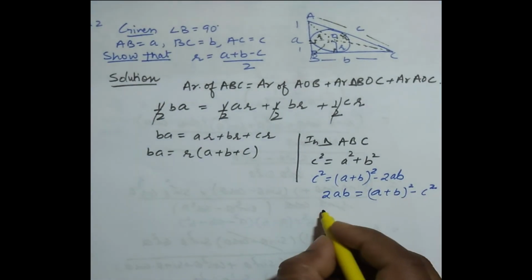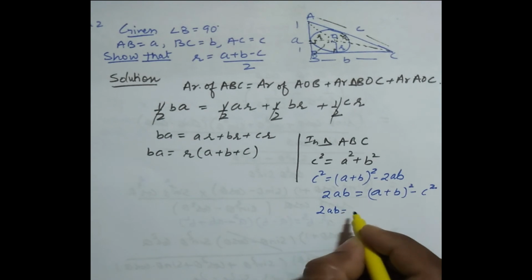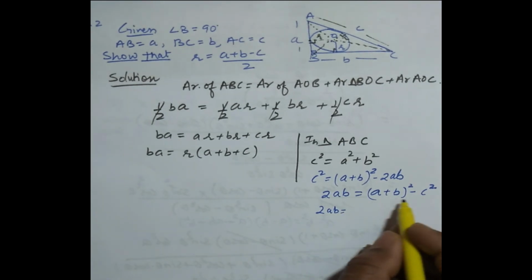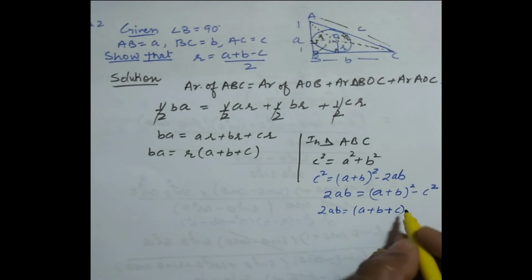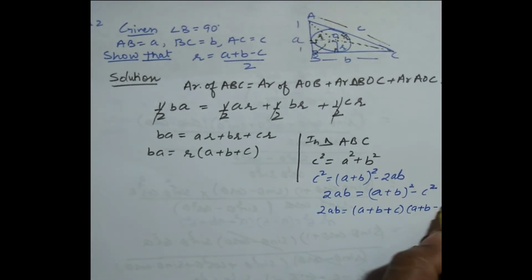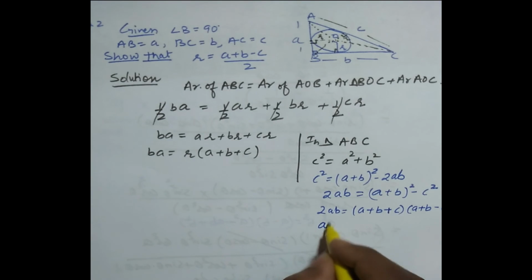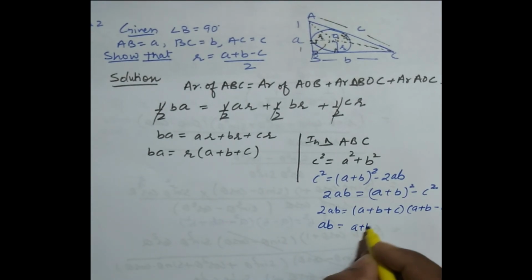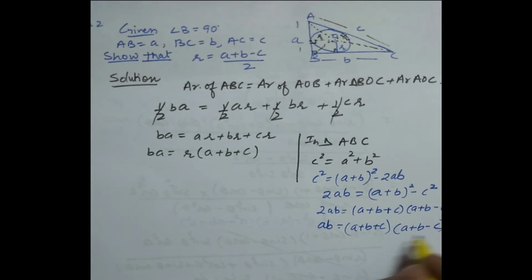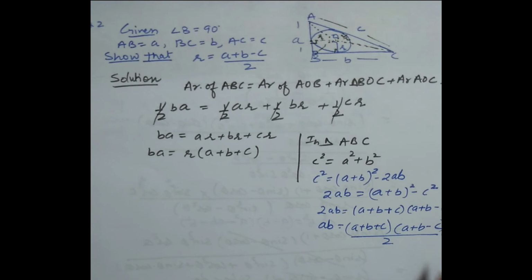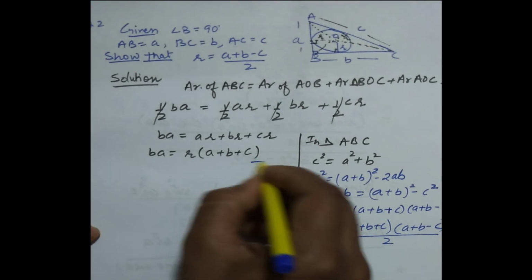Now you apply the identity A square minus B square, so it is A plus B plus C times A plus B minus C, and AB will then be A plus B plus C, A plus B minus C, by 2. So use this information in equation number 1.